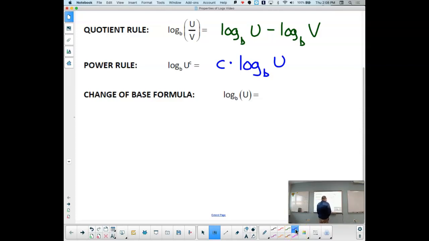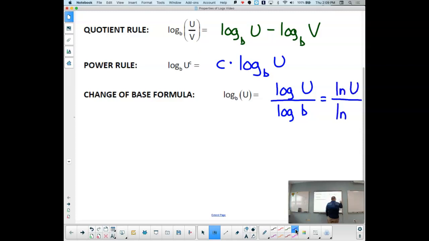We would have something along the lines of log base 10. When it's log base 10, we don't write the 10 down there, it's just assumed. So it'd be the log of u over the log of b, or the natural log of u over the natural log of b.